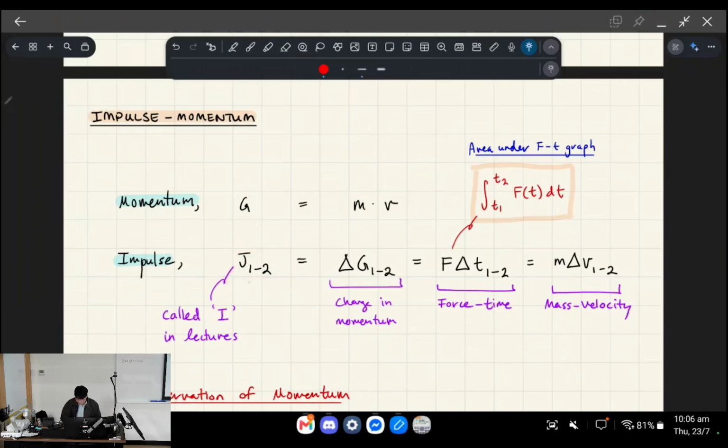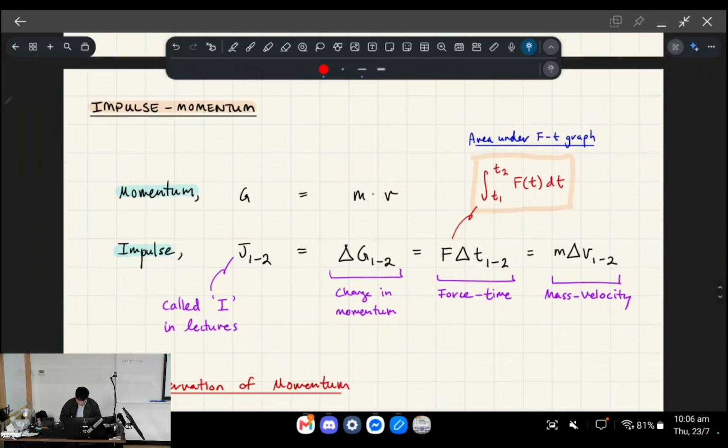So impulse is the change in momentum, and again we're going to need 2 reference points. So we're going to need 2 states of energy which we're referring to, and it's the change between those 2 reference points in terms of momentum. And then there's 2 equivalent relationships that we can get from this, right?